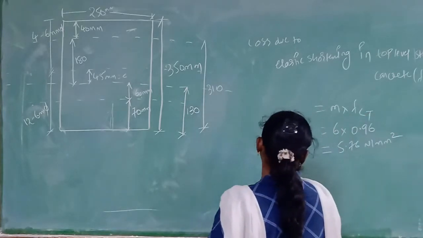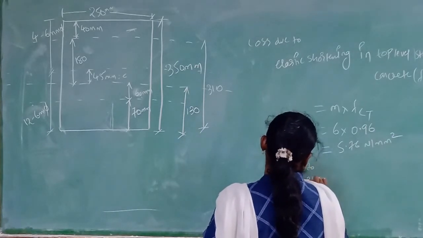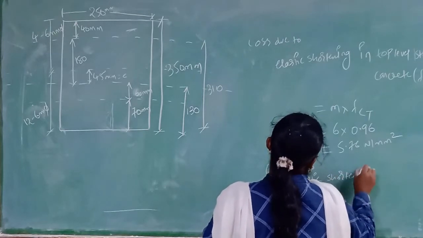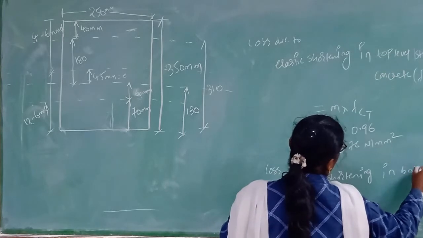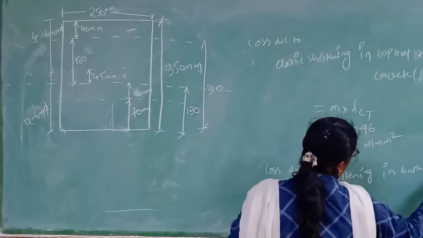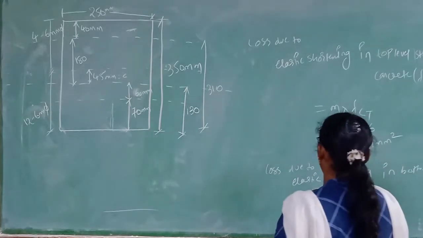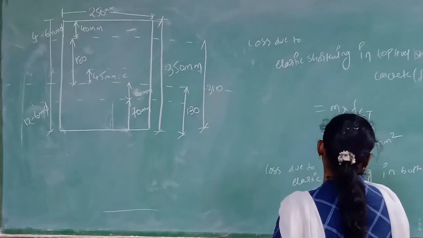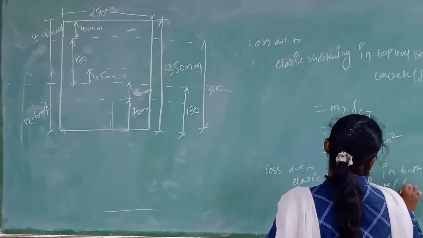Next, loss due to elastic shortening in bottom level stress, that is FCB.